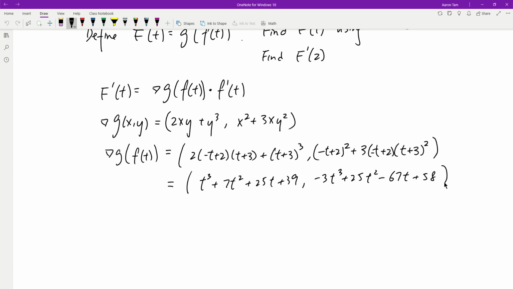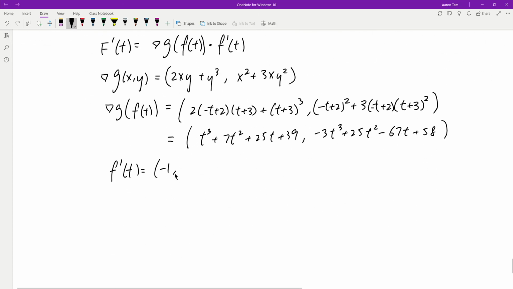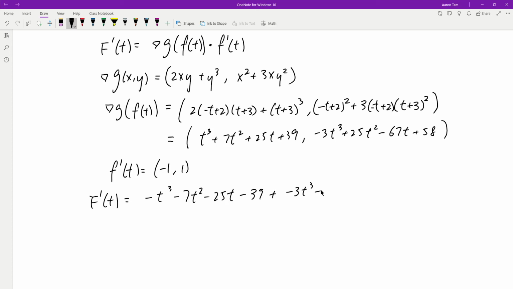And so now it's just a matter of finding f prime of t, which is actually pretty simple. F prime of t should equal to negative 1, 1. So that's easy. So therefore, what is capital F prime of t going to equal to? Basically just equal to negative t to the third minus 7t squared minus 25t minus 39 plus negative 3t to the third plus 25t squared minus 67t plus 58, because just basically the first term times negative 1 plus the second one.